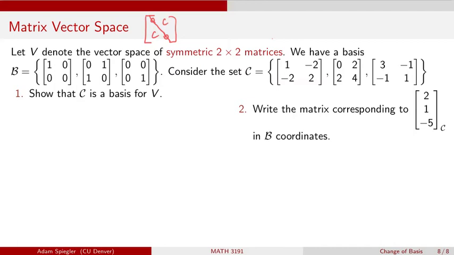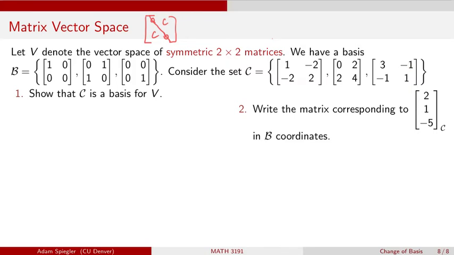This is a pretty nice looking basis. Over here, we have some other set of 3 matrices, very weird looking matrices. But notice all of these matrices are at least symmetric. So these are, in fact, objects that live in our vector space of 2 by 2 symmetric matrices.